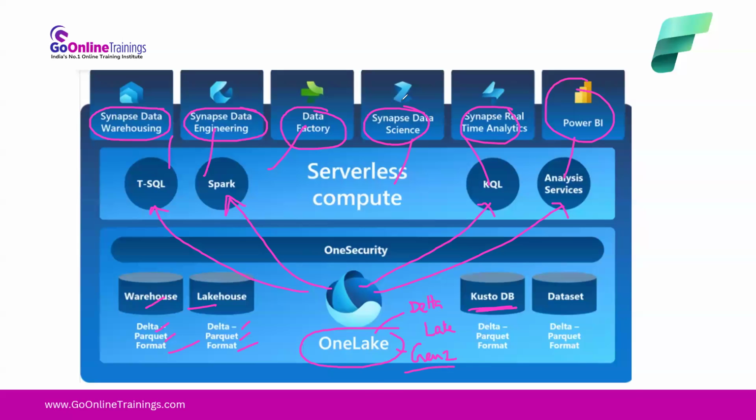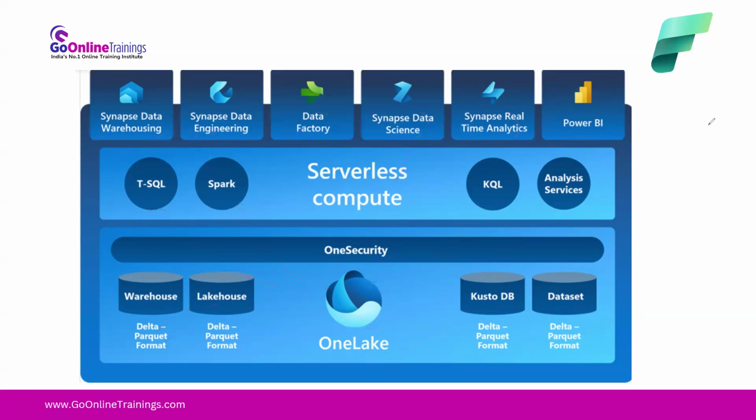All of them can be integrated and you will be able to work with this. So if somebody asks you, it is OneLake architecture, or you can say a Gen 2 Delta Lake architecture. That is what Microsoft Fabric is using.